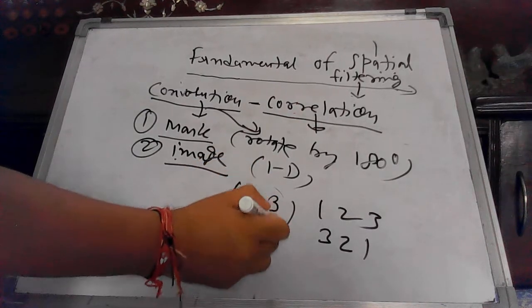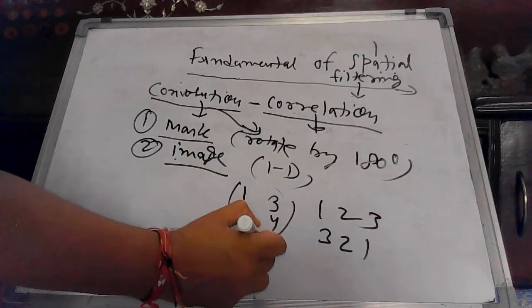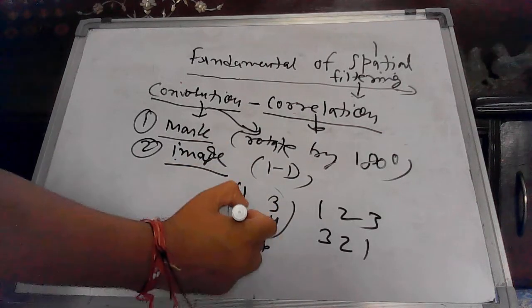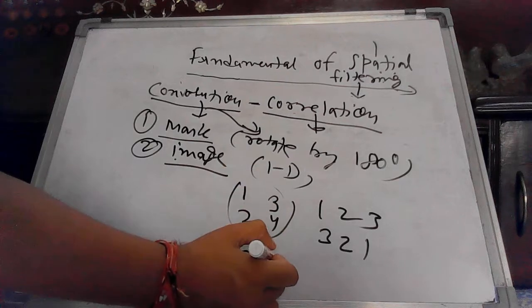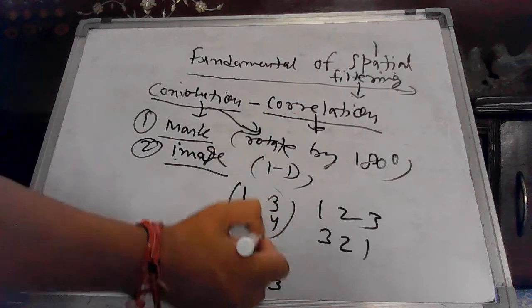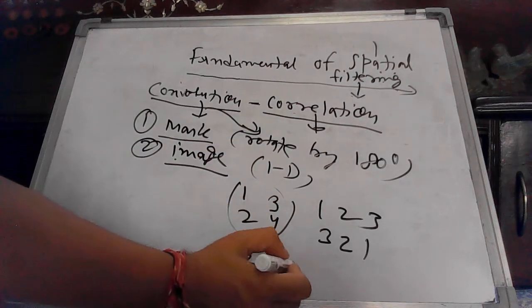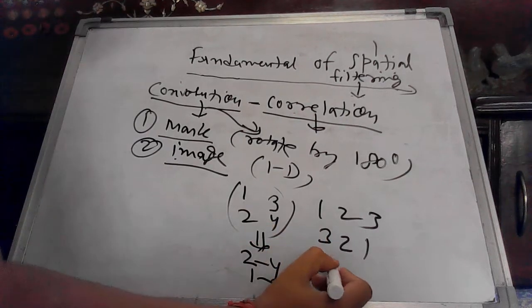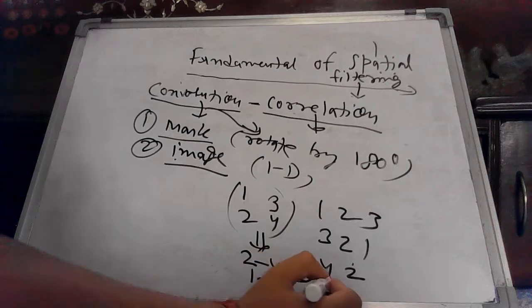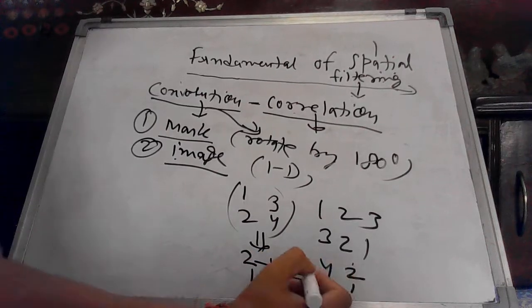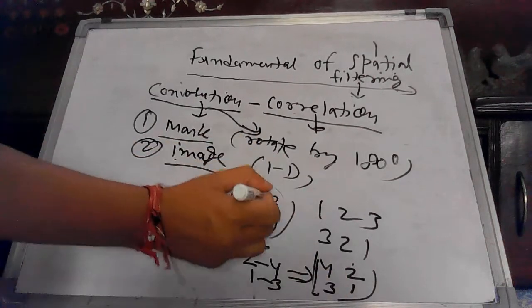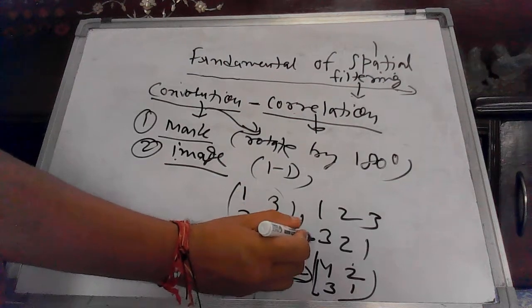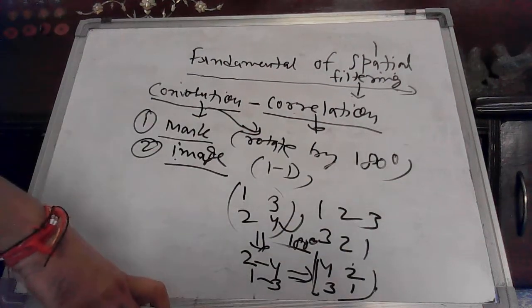First, you flip vertically. The result will be 2 up, 1 down, 4 up, 3 down. Once the vertical flip is over, now you flip horizontally. Horizontally this will become 4, this will become 2, this will become 3, and this will become 1. So if I rotate it by 180 degrees, my answer will be like this.